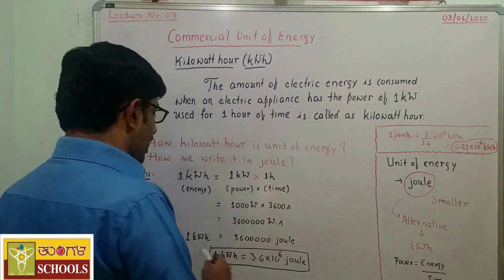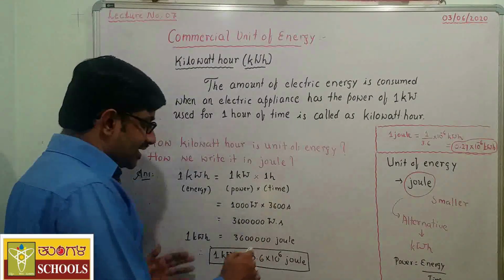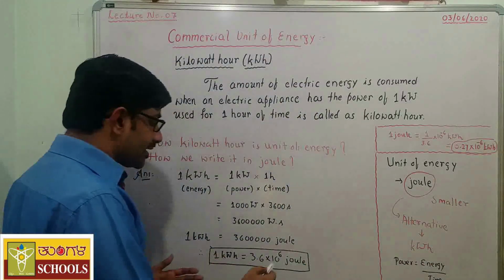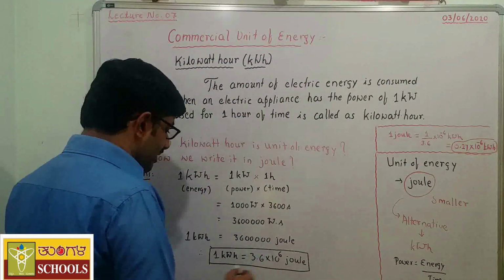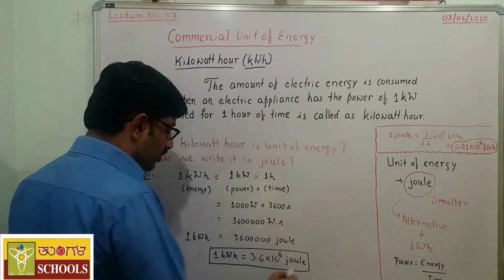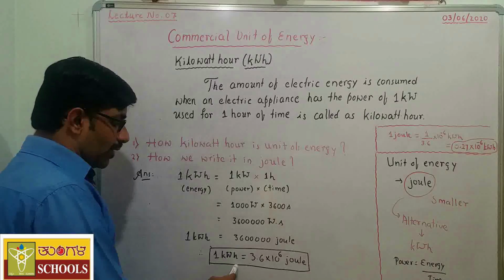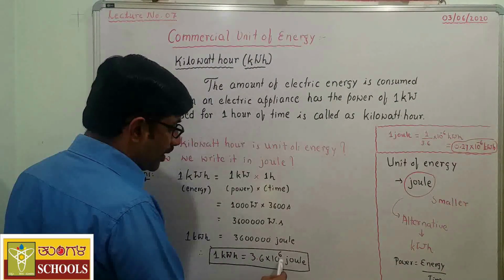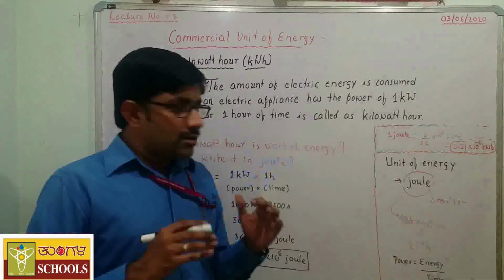So 1 kilowatt hour is equal to 36 lakh joule, or in terms of powers of 10, 3.6 into 10 to the power 6 joule. Okay, 1 kilowatt hour is equal to 3.6 into 10 to the power 6 joule.